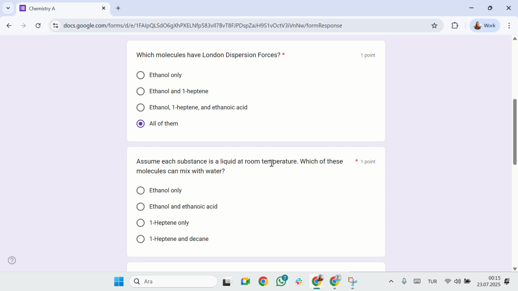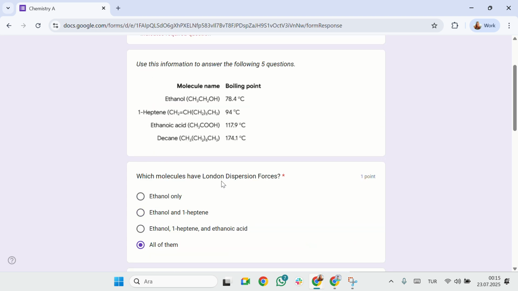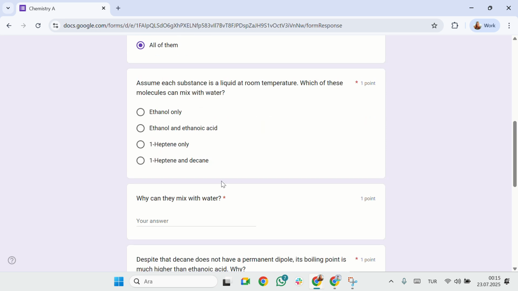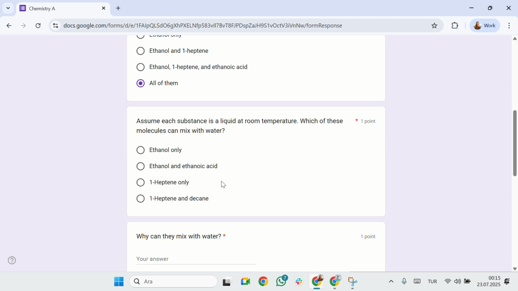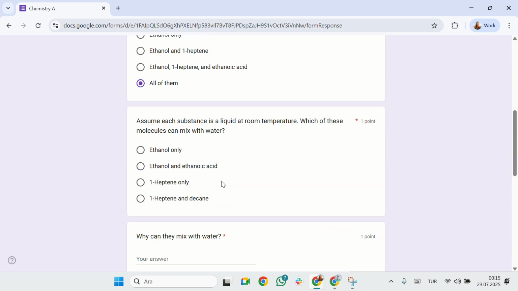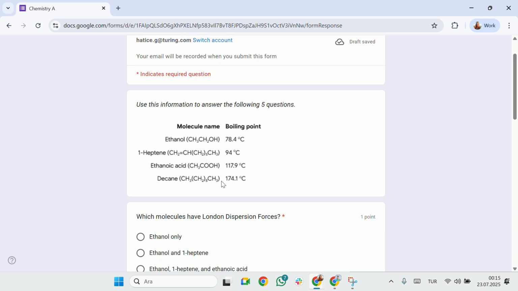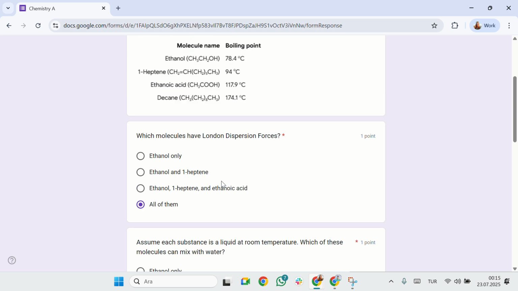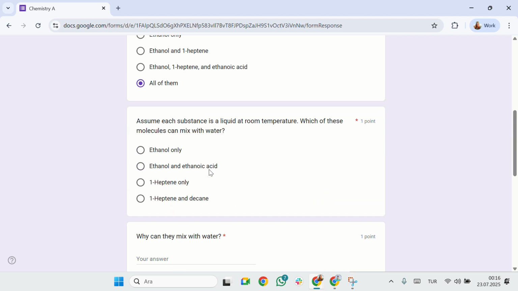Assume each substance is a liquid at room temperature. Which of these molecules can mix with water? Ethanol, ethanoic acid, heptane, and decane. Oh, I don't know. I'm gonna go with ethanol and heptane because this is lower than the boiling point of water.